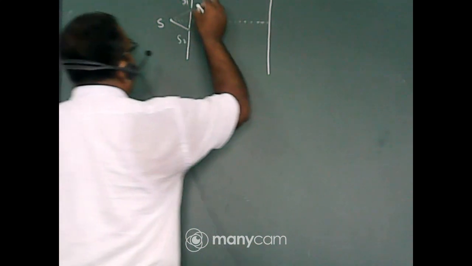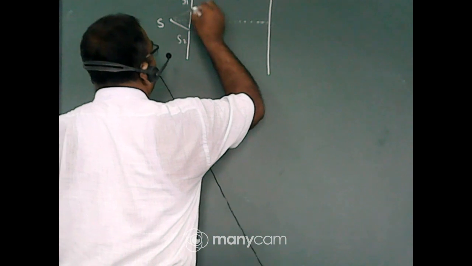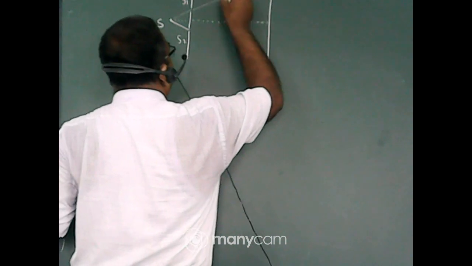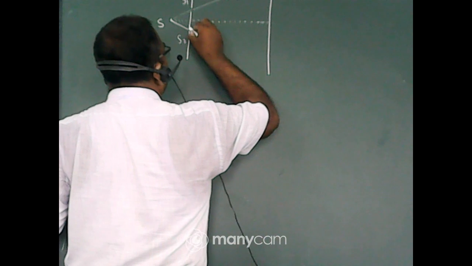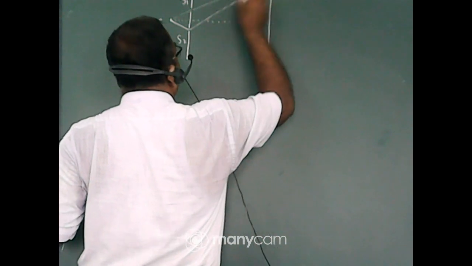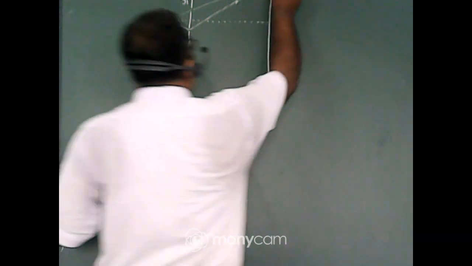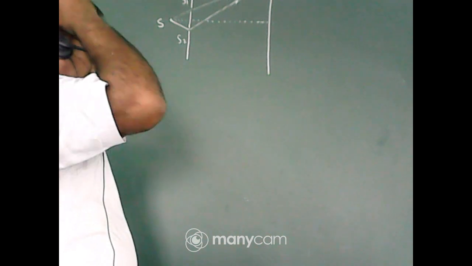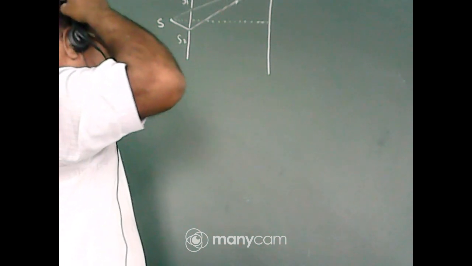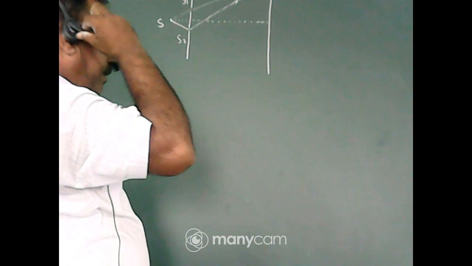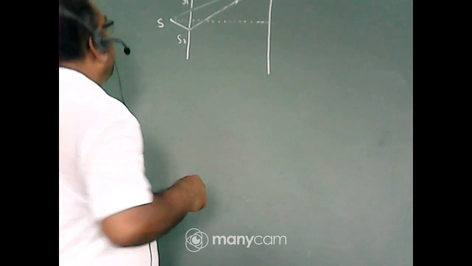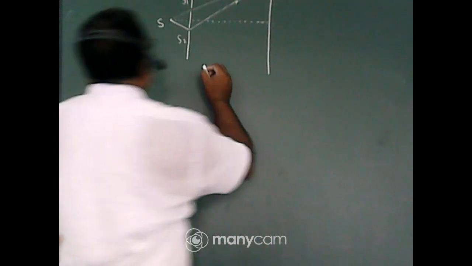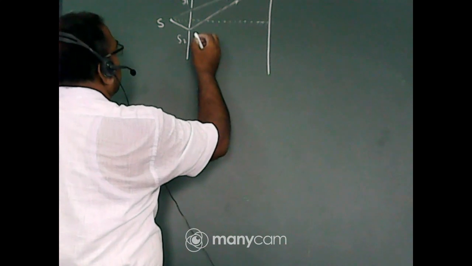Consider a point P where a constructive or destructive interference fringe is created. You calculate the path difference between the two waves, and then you find out the fringe width.